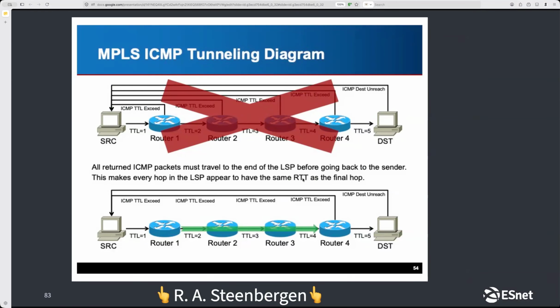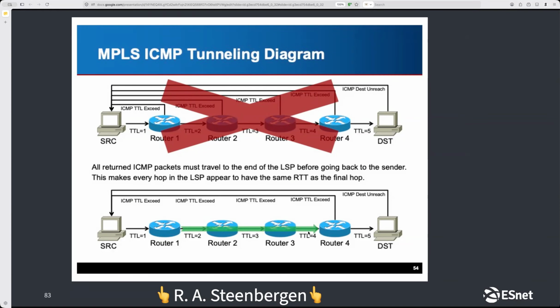So you basically take the packet out of the MPLS label, you put an ICMP packet into the MPLS label, and then you send it the way it's supposed to go, with the same label path that it had before, all the way to the end. And then the final router at the end will send back each ICMP TTL exceeded the other way.